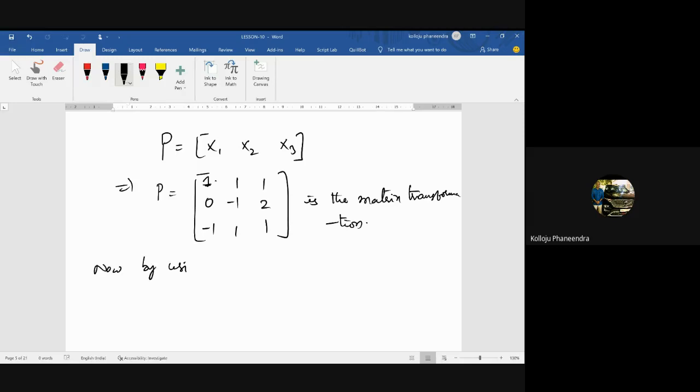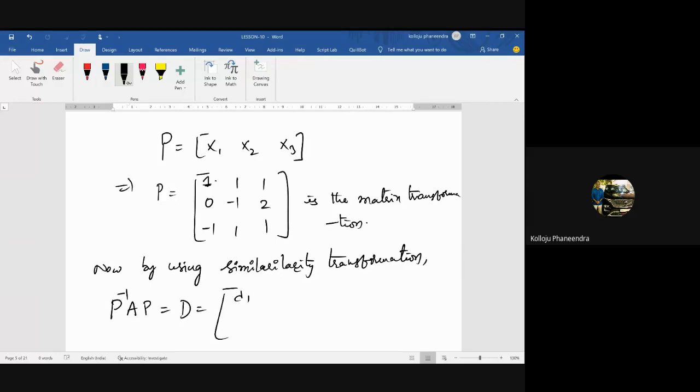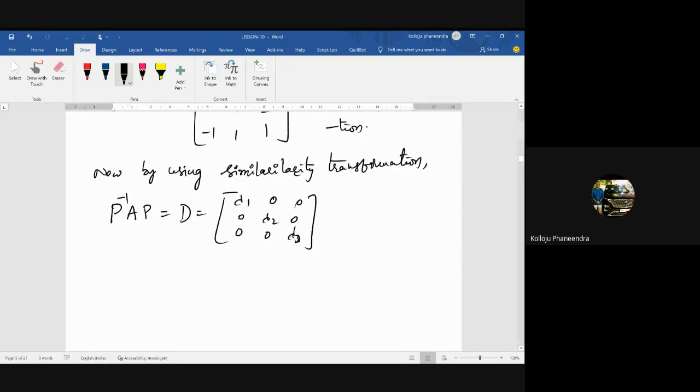Now diagonalization. Now diagonalize the matrix, that is the question. Now by using similarity transformation, what is the similarity transformation? P inverse AP equal to D. What is that D? Lambda 1, 0, 0, 0, lambda 2, 0, 0, 0, lambda 3, a diagonal matrix in which the diagonal positions are eigenvalues.